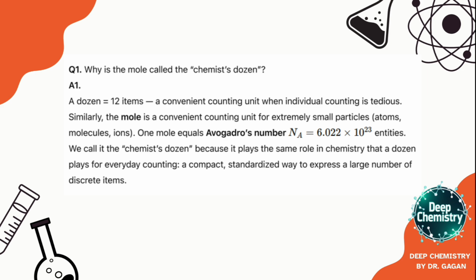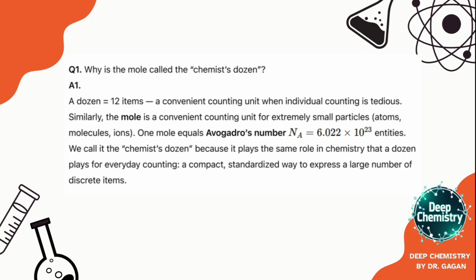So, just like a dozen means 12 of something, a mole means 6.022 × 10^23 of something. That can be atoms, molecules, or ions. That's why we call it the chemist dozen. It makes counting in chemistry practical and simple.